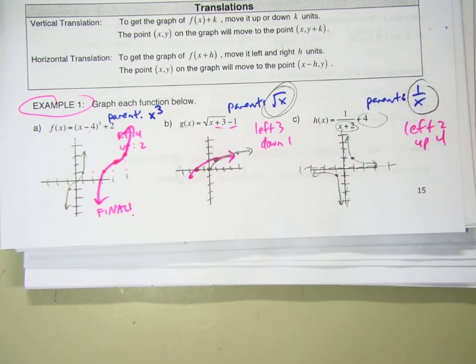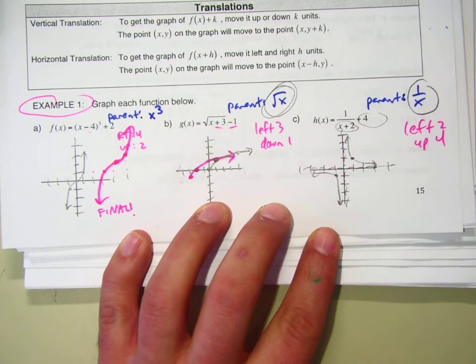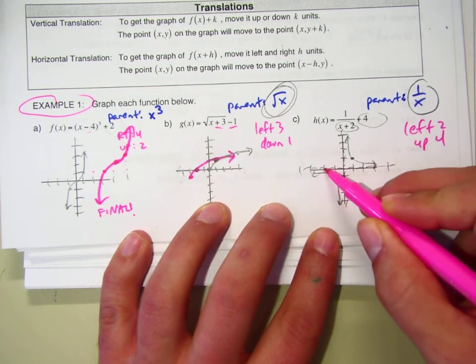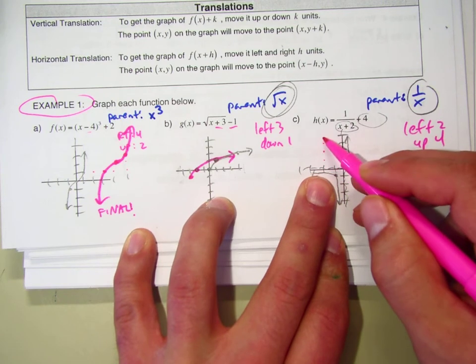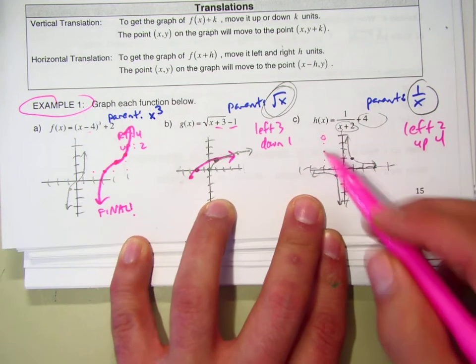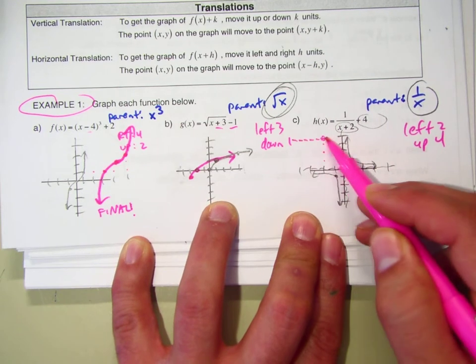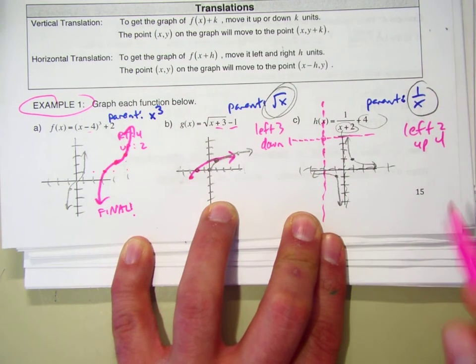So rather than do everything, here's what I'm going to do. I'm going to start with this center point because that's going to be a good reference for my picture. This point is going to go left 1, 2, and then up 1, 2, 3, 4. Okay? So this little circle that I just filled in, that is the center. That is where the asymptotes meet.